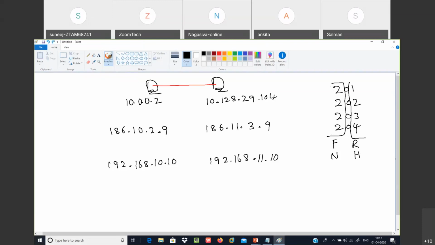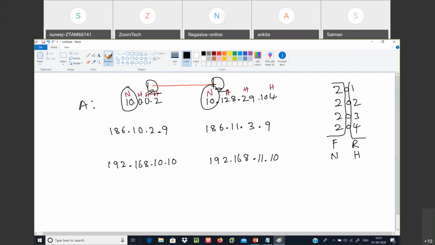Now let me check our examples here. The first example is a class A IP address, right? For a class A IP address, the first octet is the network, and the remaining three octets are host. For the neighbor PC, also the first octet is network and the rest host. Now let me check here. The first computer is on which floor, guys? The 10th floor. Your neighbor computer is also on which floor? The 10th floor.